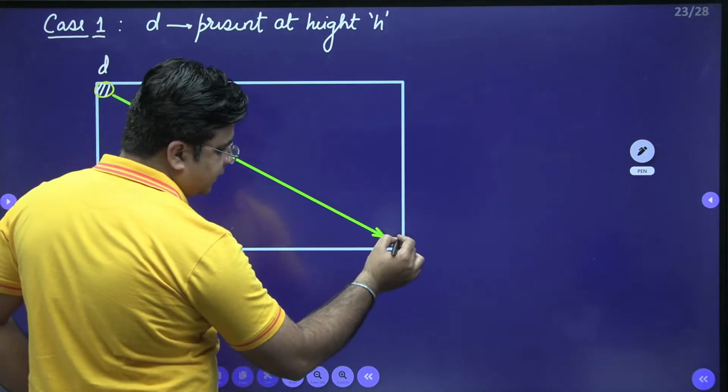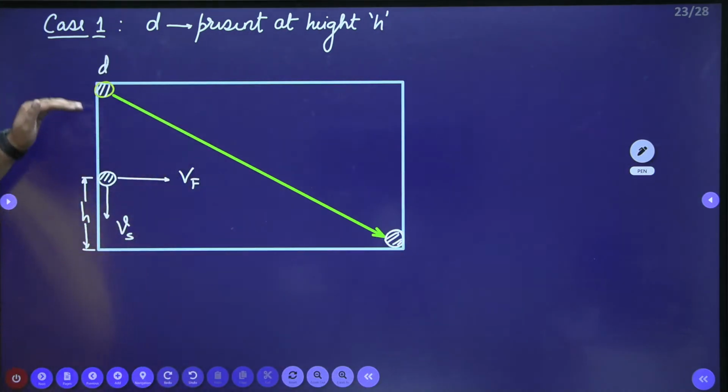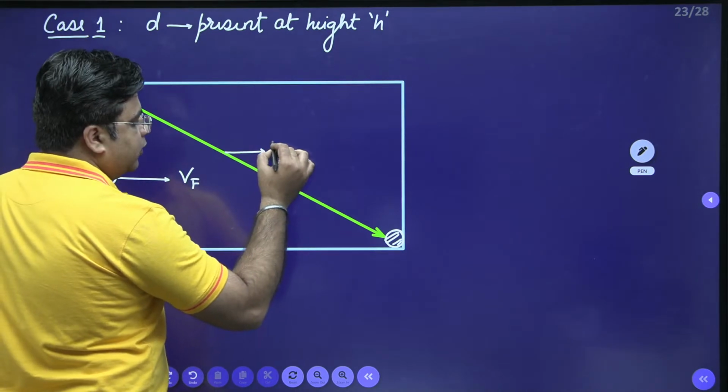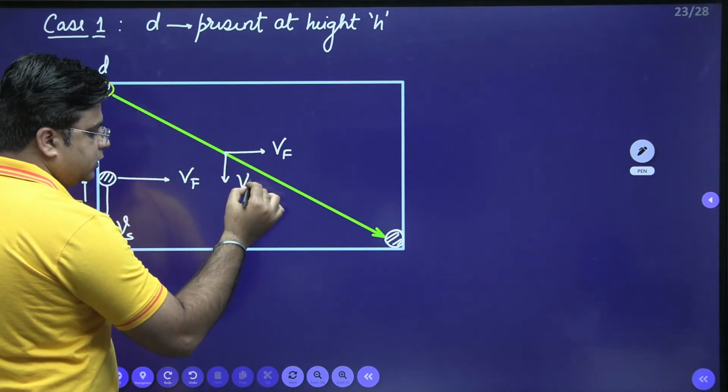So I'll take this as the basis of my analysis. The concerned size of the particle present at height capital H will move with horizontal velocity Vf and vertical velocity Vs.